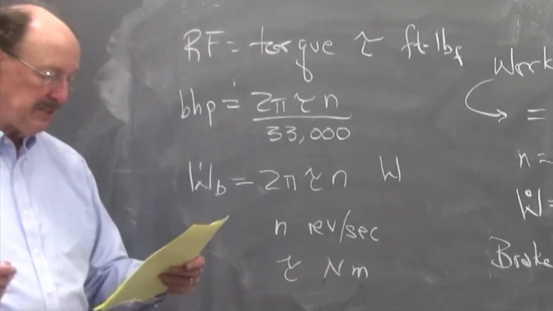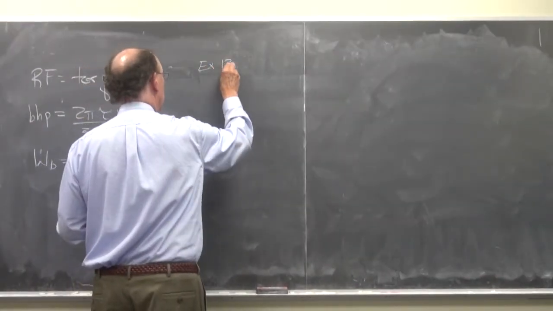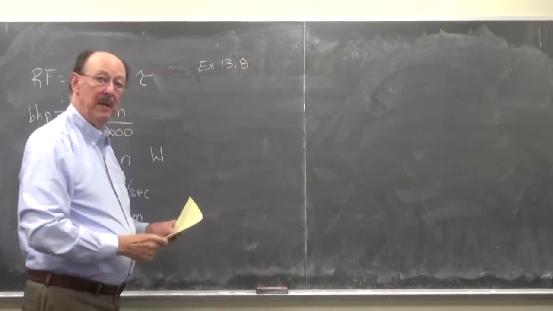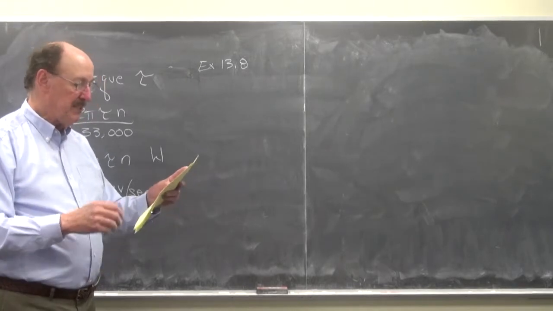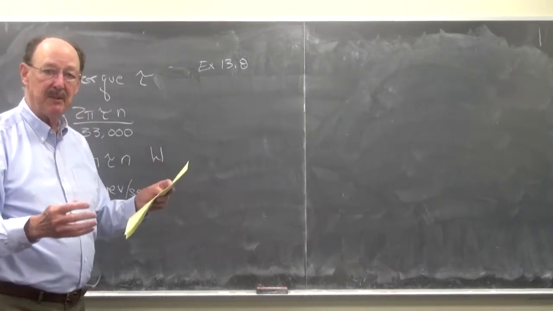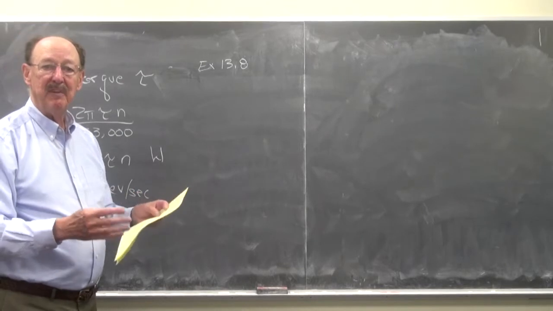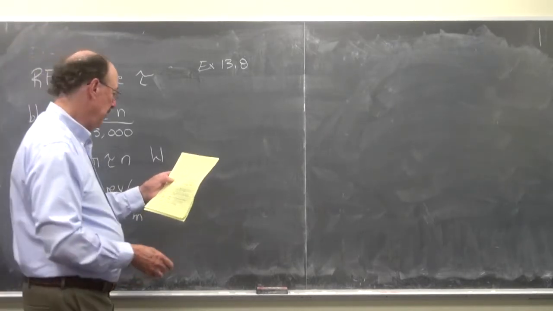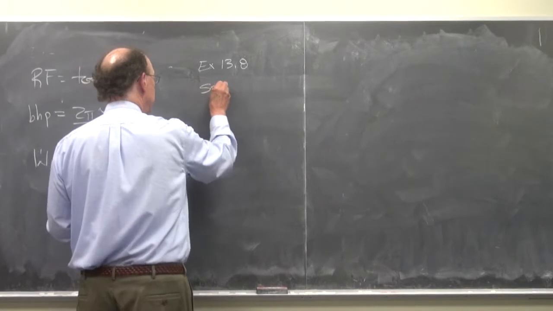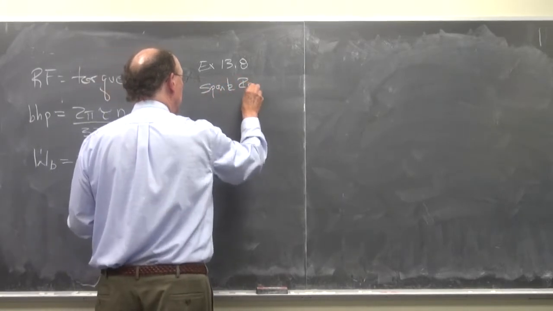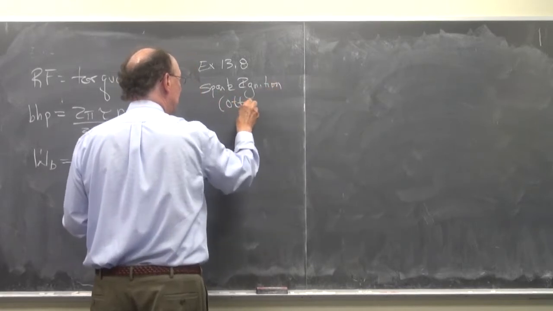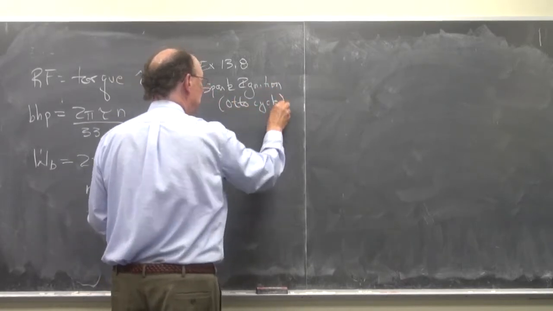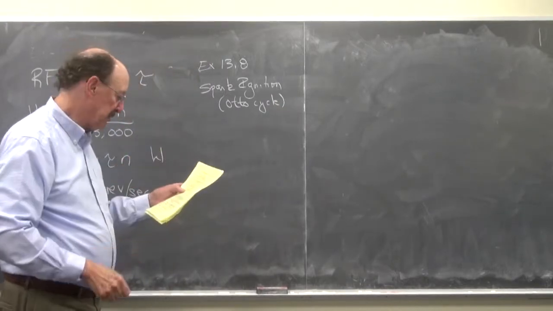Now I'd like to look at example 13.8. You may want to read the example problem because it has all the language in it, and basically this has all sorts of stuff in terms of language that you might encounter when finding out information about an actual engine. So I have a spark ignition engine. That tells me that it's an Otto cycle, so the Otto cycle would tell me the theoretical cycle involved.